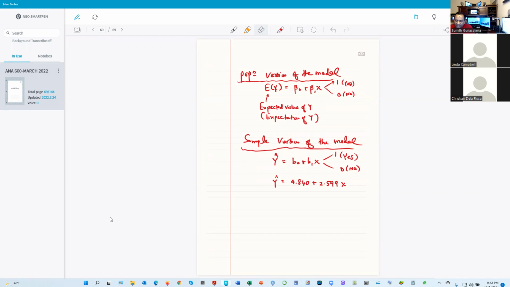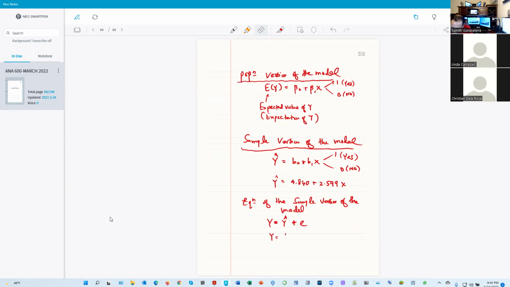Now, how do you find the error? Now you write the equation of the sample version of the model. The equation says y equals y hat plus e.